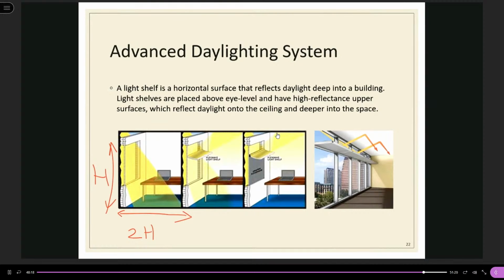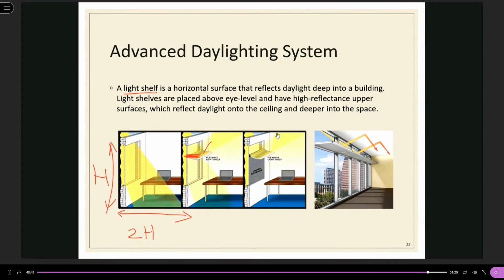In order to increase the lighting level in the deeper part of the building, we may make use of a light shelf. A light shelf is a horizontal surface that reflects daylight deep into a building. Light shelves are placed above eye level, and have high reflectance on the upper surface.